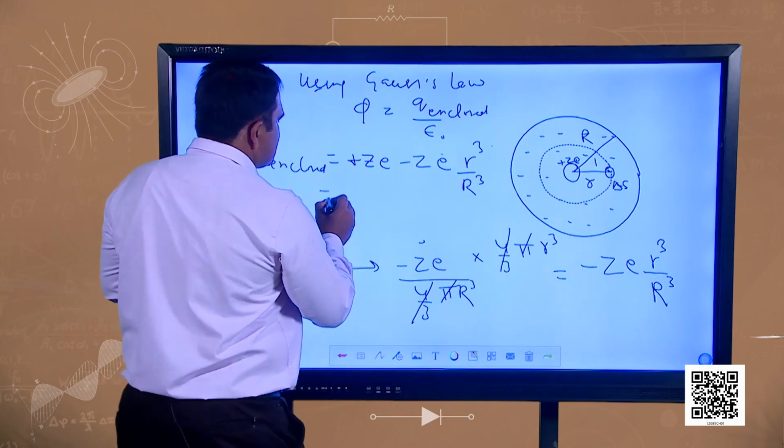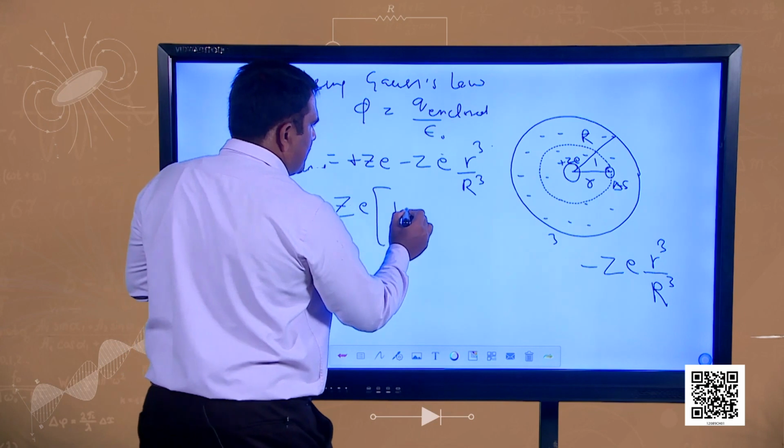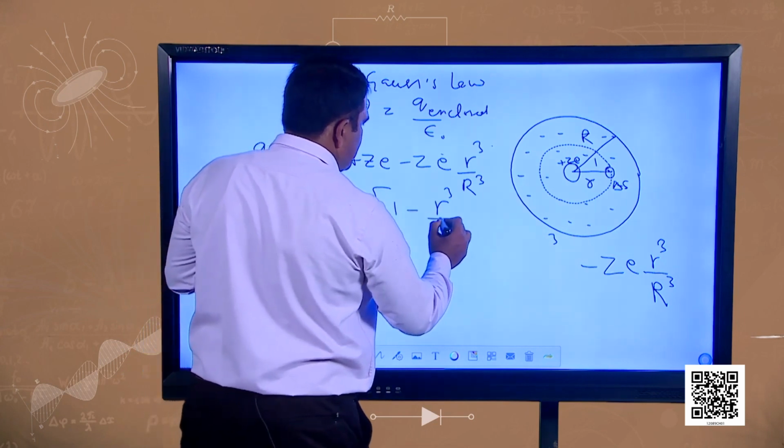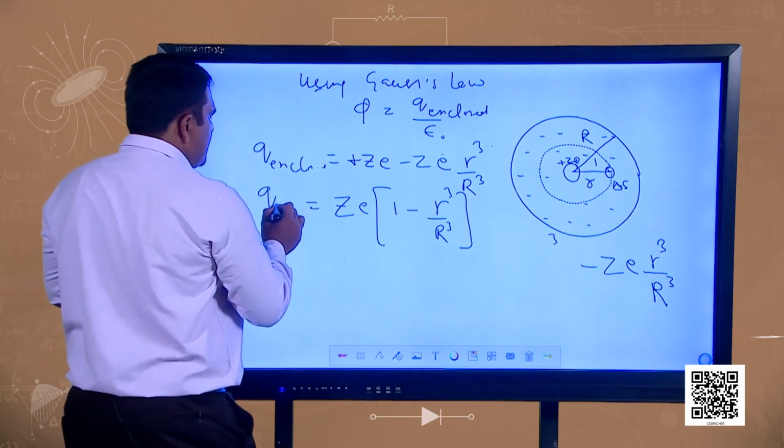Taking ZE as common, we get 1 minus r cube by capital R cube. This is the total amount of charge enclosed.